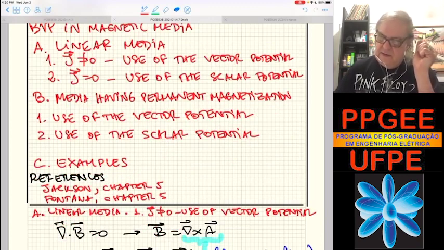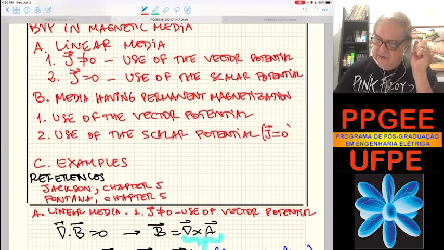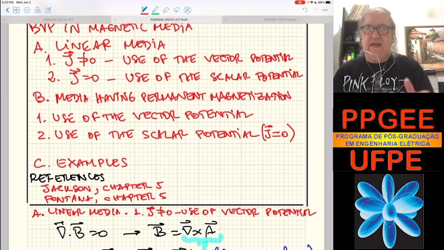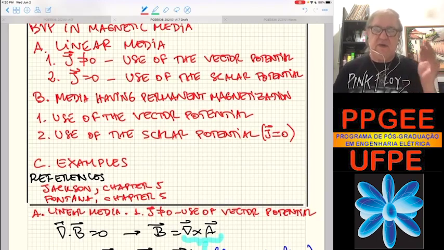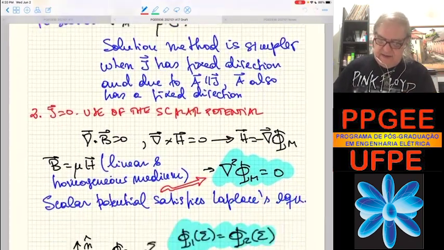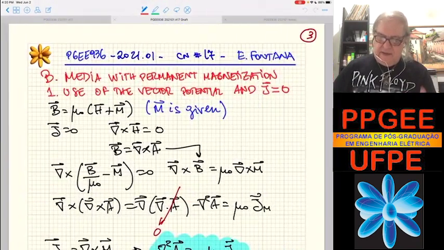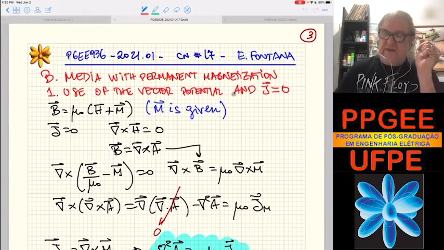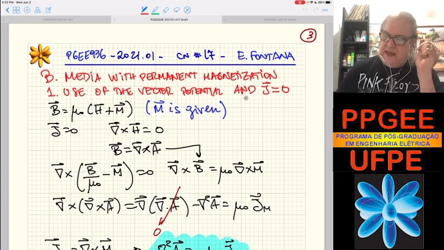So here is for J equals 0. So we can use the vector potential whatever the situation is, J equals 0, J different from 0. So the second case is media with permanent magnetization. First, let's consider use of the vector potential with J equals 0.